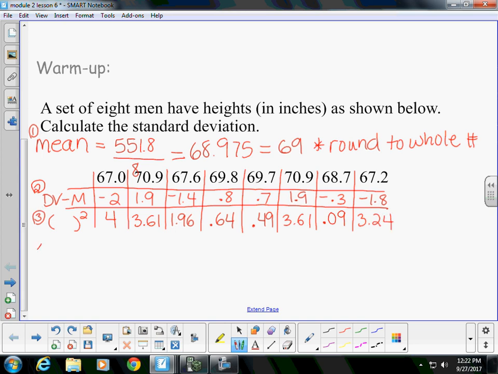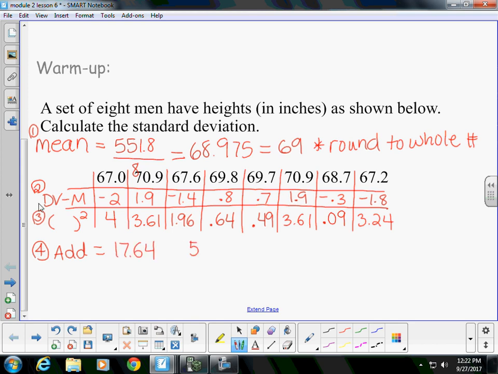Next step, the fourth step, is to add all those answers up. I get 17.64.